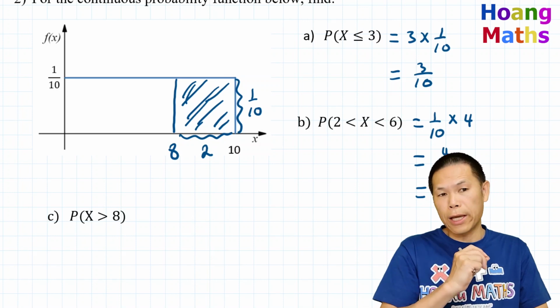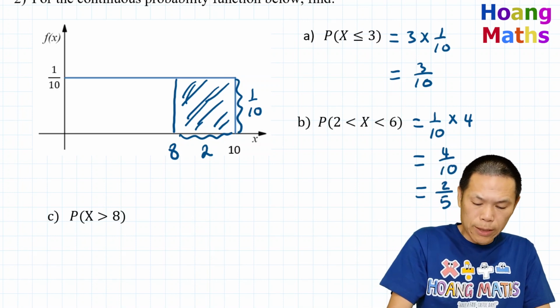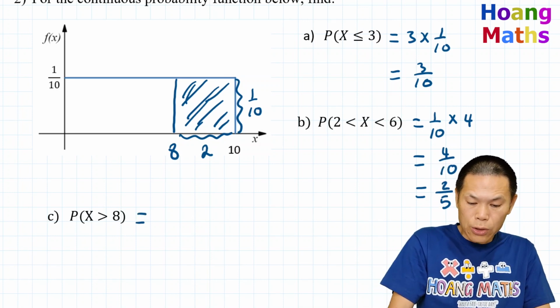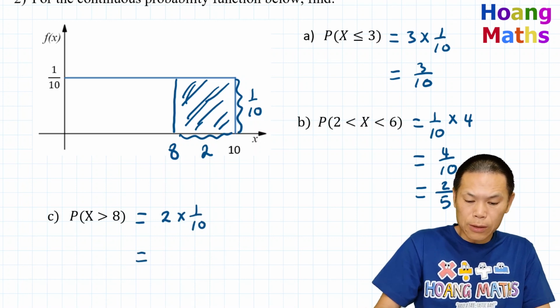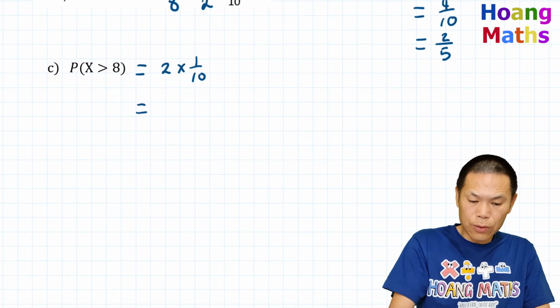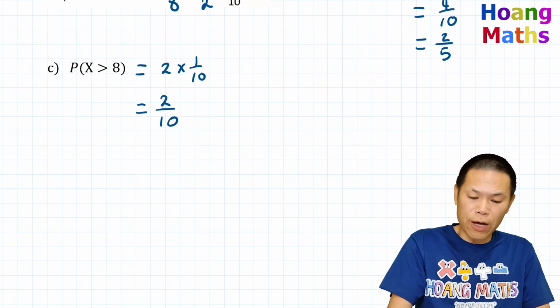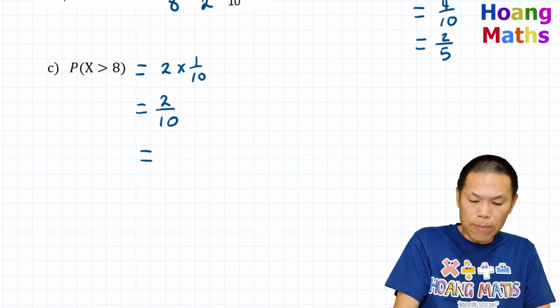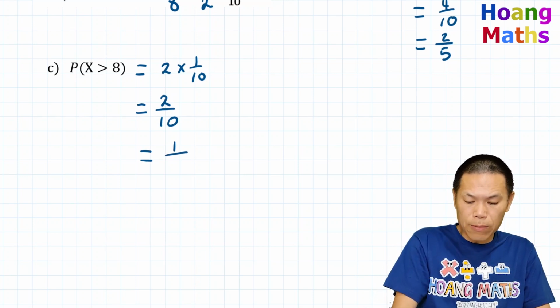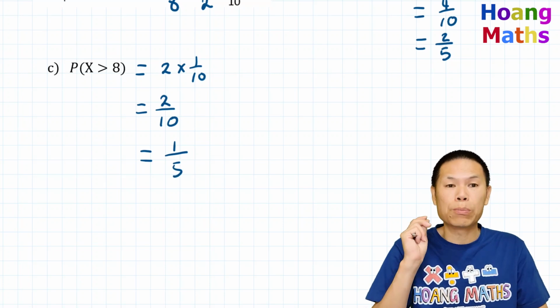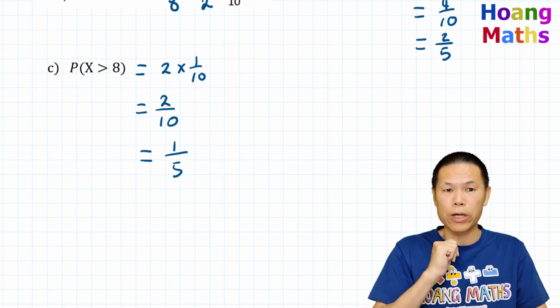To work out this area, that will give us the probability, which is 2 times 1/10, so that is equal to 2/10. I can simplify this by dividing both by 2. 2 divided by 2 is 1, and 10 divided by 2 is 5. Otherwise, you can just put it in the calculator and give your answer straight away.